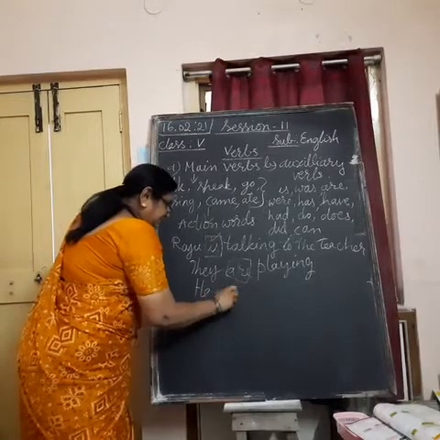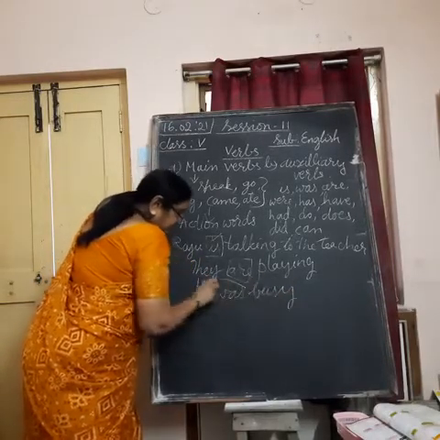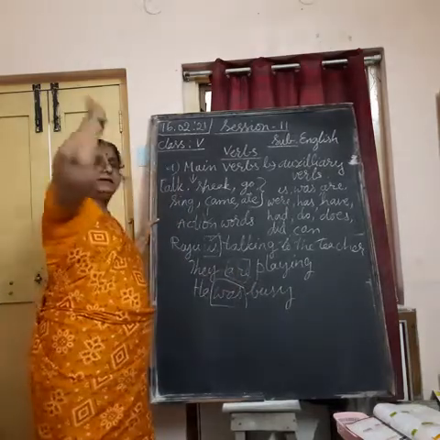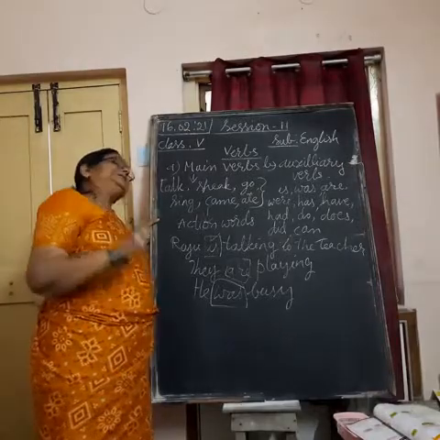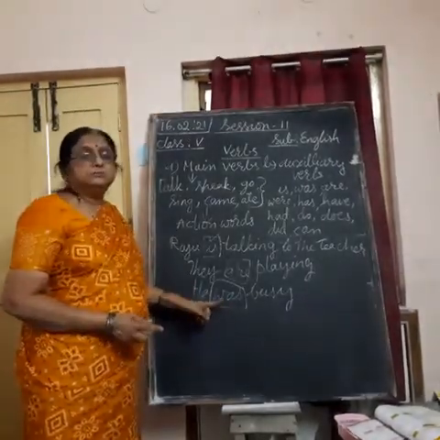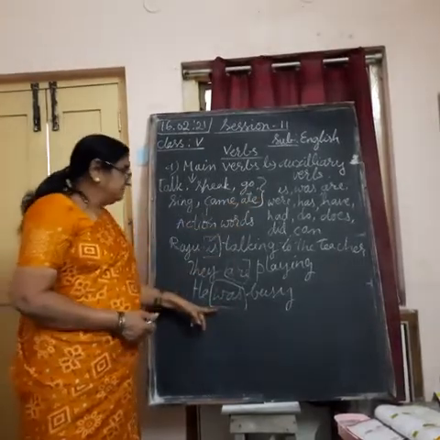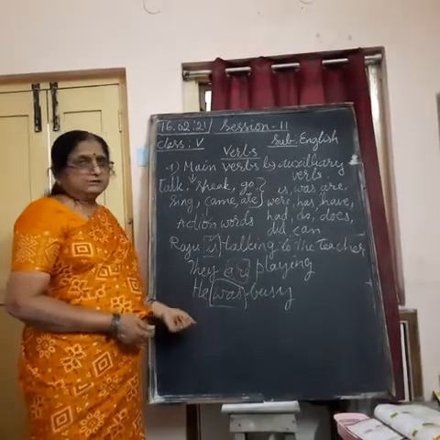If I write "he was busy," then "was" means yesterday, not now. "He is busy" means now. "He was busy." Here "was" is the helping verb and it shows that the sentence is in past tense form. Understand?